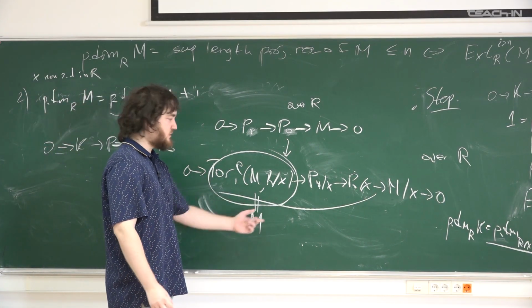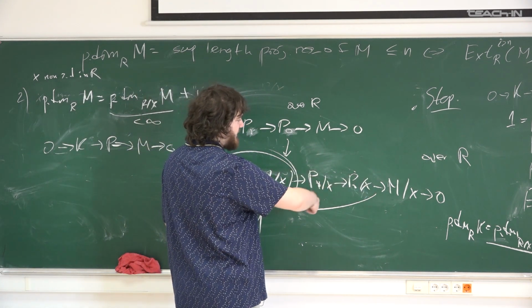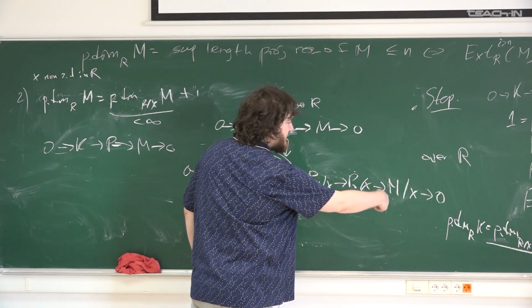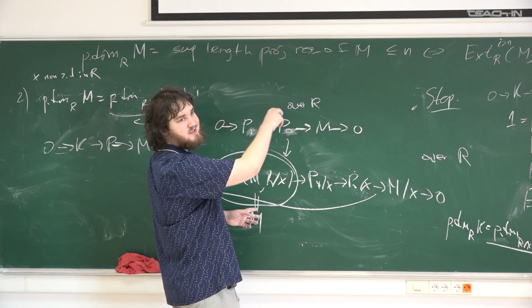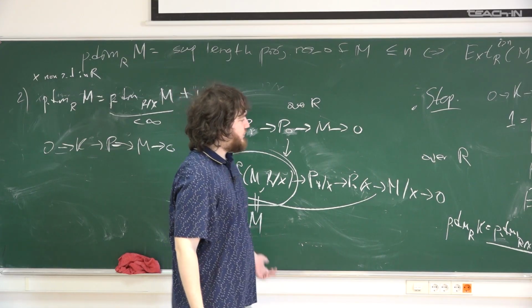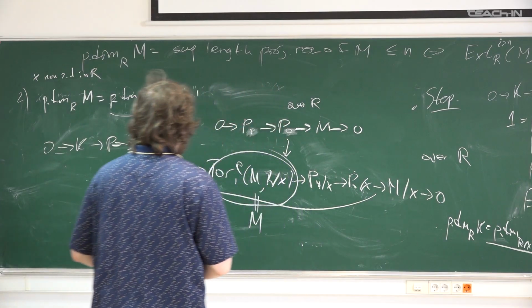I have this exact sequence over R modulo X. This is projective, and this dimension is 1, so it must be projective by one of the exercises. But M is not projective because we assume it's not of dimension 0, so it's a contradiction. It can't happen.